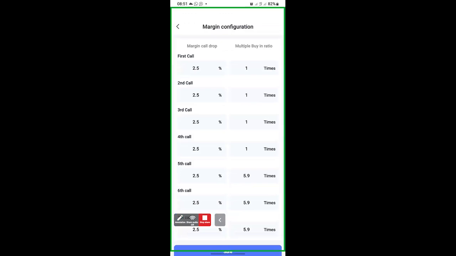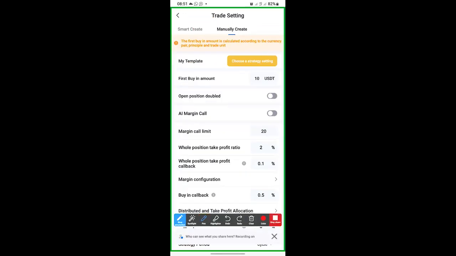It is the money that you've put on first buying amount, because I told you whatever you put on first buying amount and whatever you put on margin call limit, this is where you set it on margin configuration. Let me hope we've got that. I'll repeat myself. Whatever you put on first buying amount and margin call limit, you'll have to come and set it in details on margin configuration.